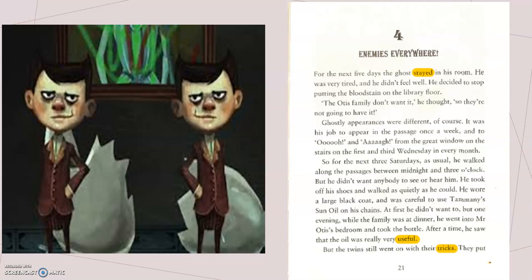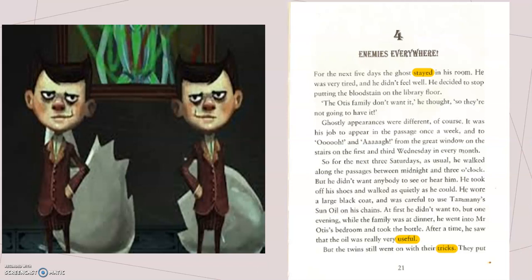At first, he didn't want to, but one evening, while the family was at dinner, he went into Mr. Otis' bedroom and took the bottle. After a time, he saw that the oil was really very useful.